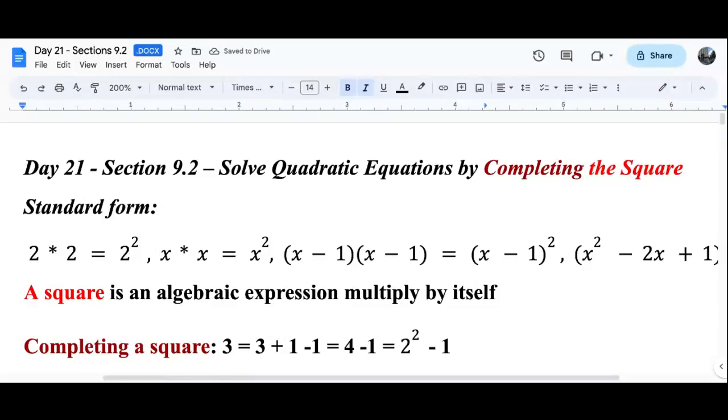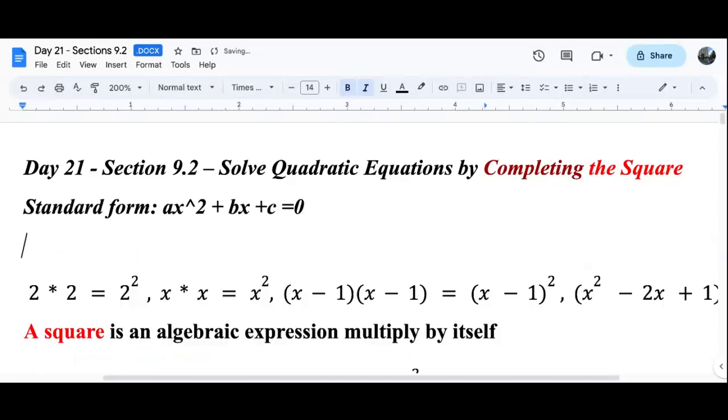Remember standard form, we have ax squared plus bx plus c equals 0, right? And the vertex form, we would want to write a times x minus h squared plus k.